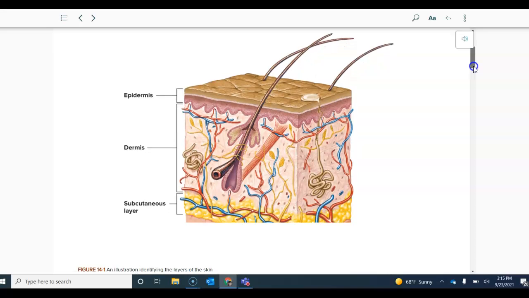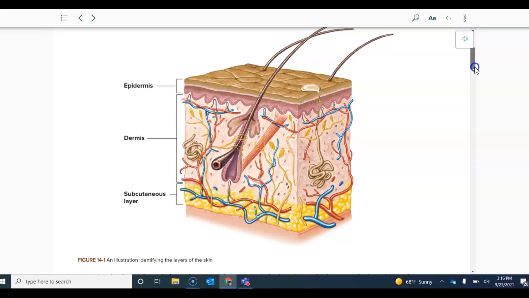So here's some anatomy of the skin, just as a refresher. I wanted to point out something to you. When we get to burns, a burn is going to depend on how deep it goes. If it goes all the way down to this subcutaneous tissue, you see where these arteries and veins are.